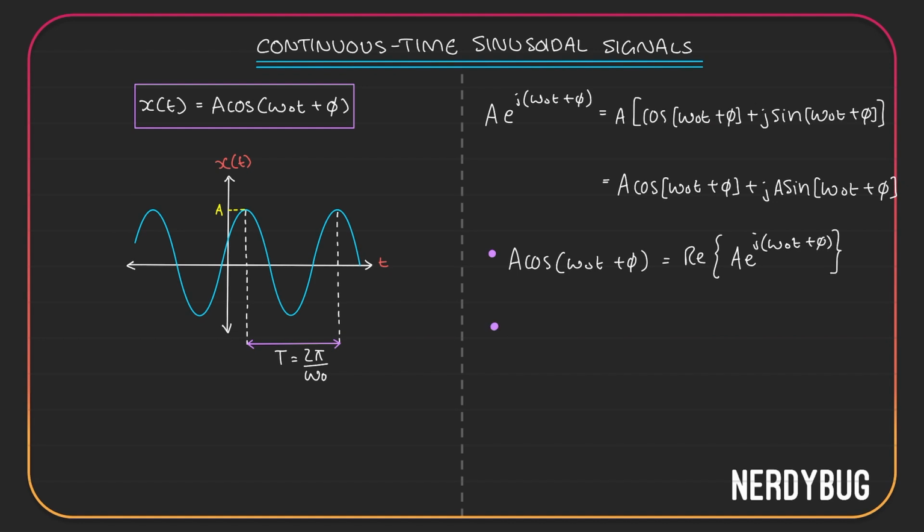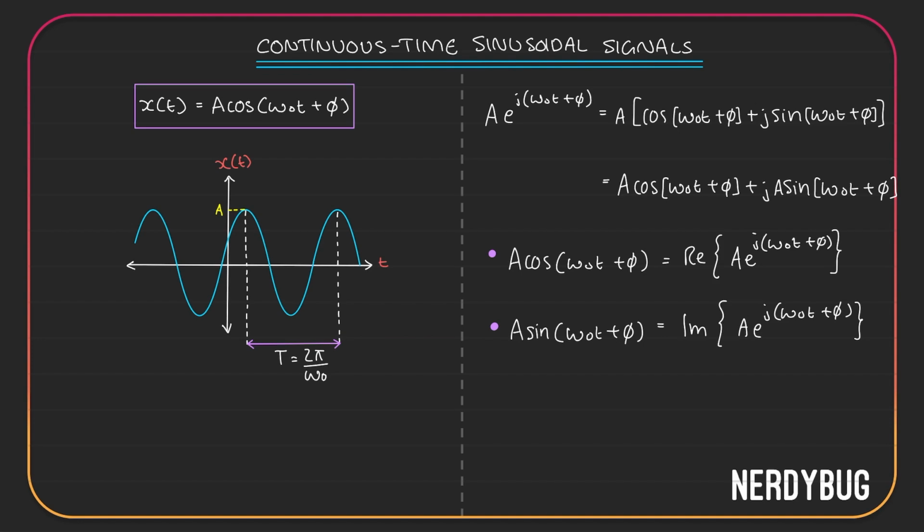Similarly, we can write A sine of omega naught t plus phi is the imaginary part of A e raised to j omega naught t plus phi. This would be like the opposite relation.